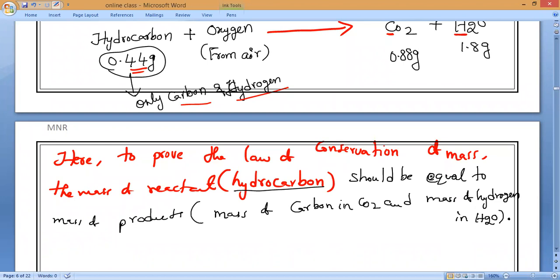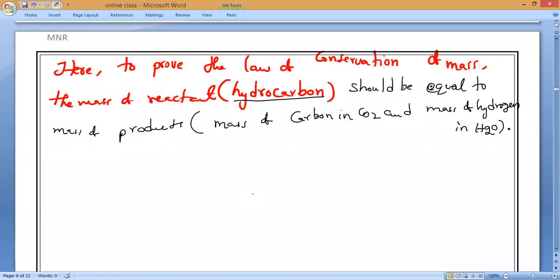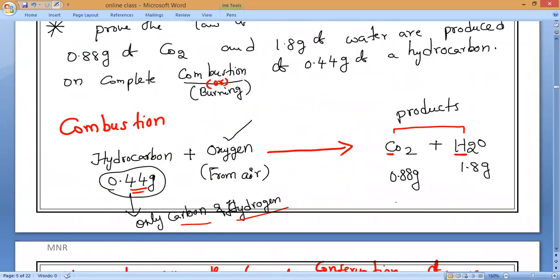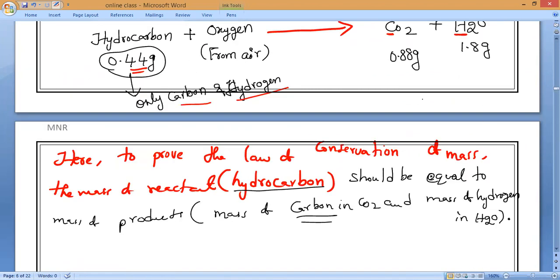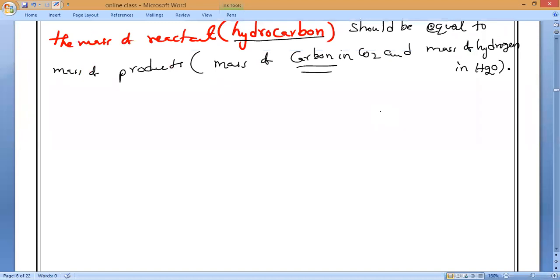So shall we start now, all of you? Yes. First find the carbon mass in CO2. What is the total mass of carbon dioxide? Everybody check it here. It is 0.88 grams. So how to find it? I will say the formula.